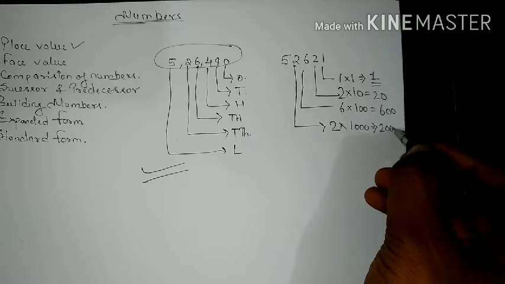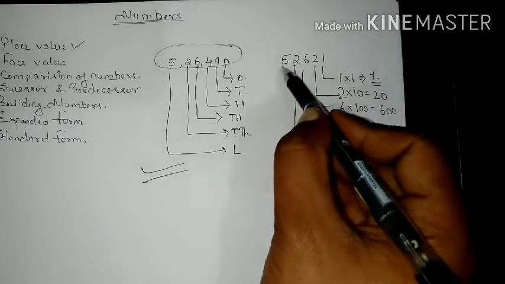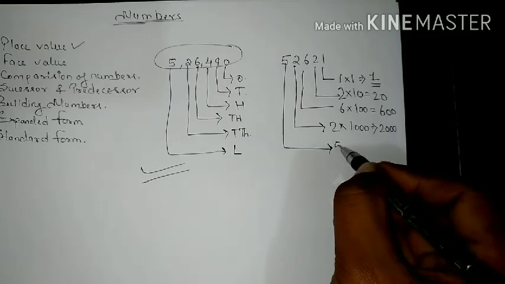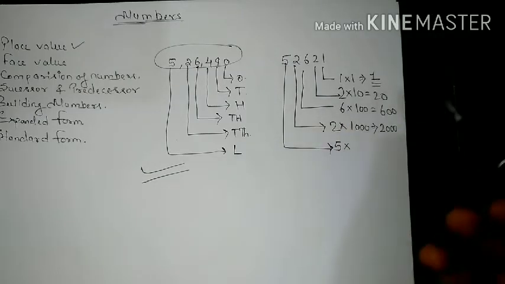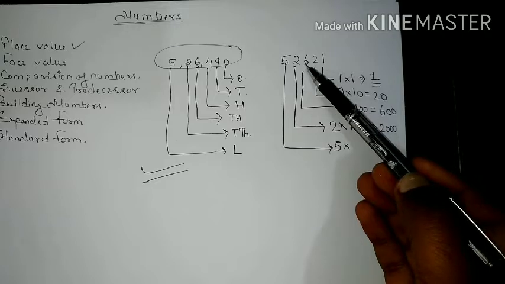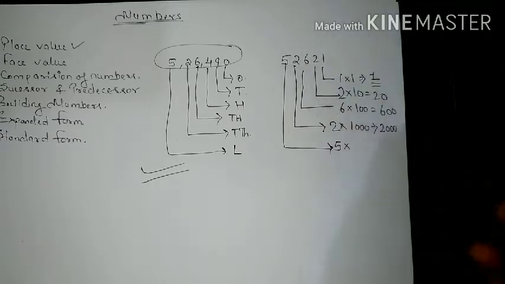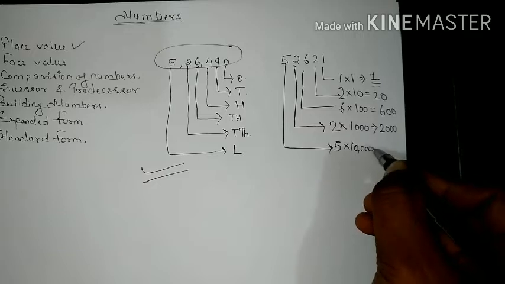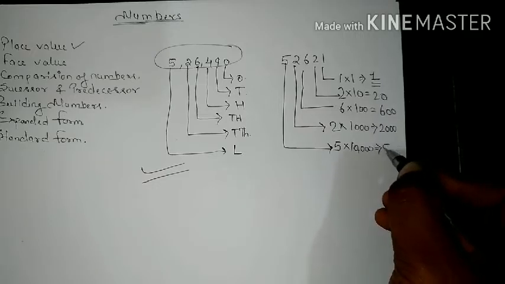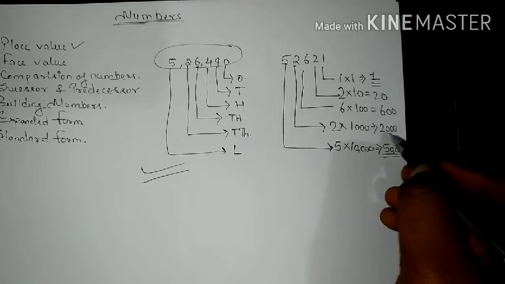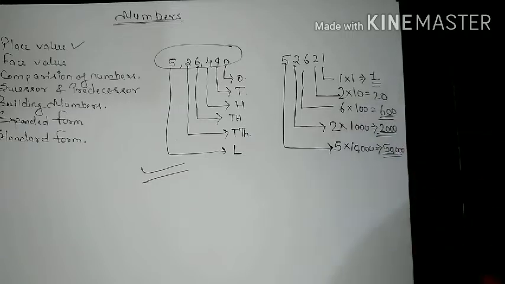So the place value of this 2 will be 2000. For the 5, it will be 5 into, now see, 1's, 10's, 100, 1000 and 10,000. That means 5 into 10,000. So the place value will be 50,000. I hope you have understood.